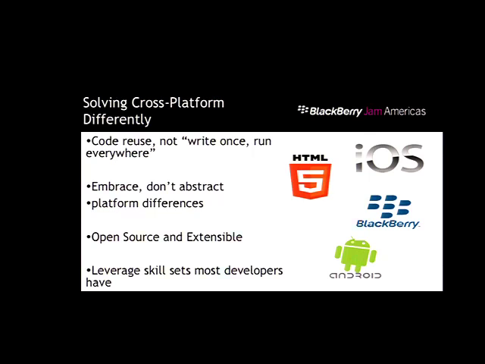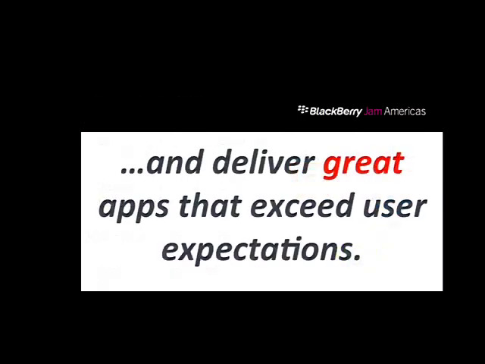We're bringing developers to platforms that normally those developers would not be able to code for. So the whole idea is we can deliver great apps that exceed user expectations on multiple platforms.